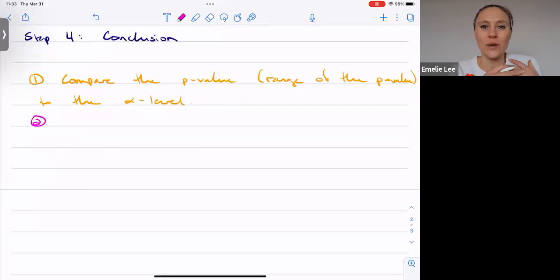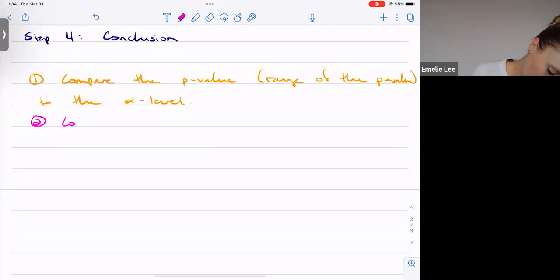And then once we have a p-value, we know what to do, right? If the p is low, then the null hypothesis must go. That means you have enough evidence to reject H0. How do we determine if it's low? Well, if it's less than the alpha level. So then you're going to state your conclusion in terms of H0.